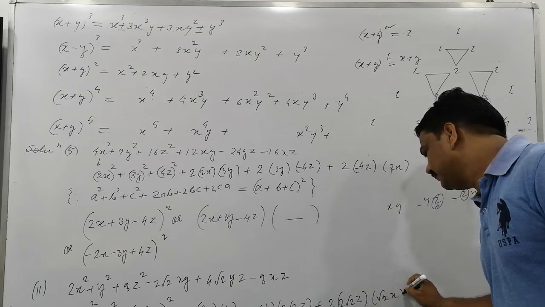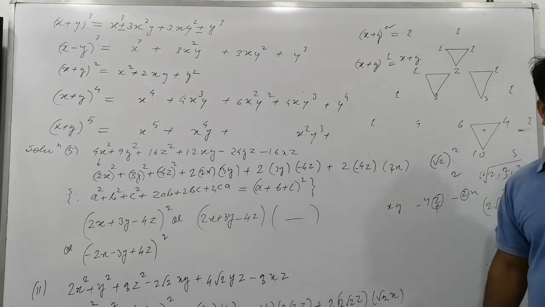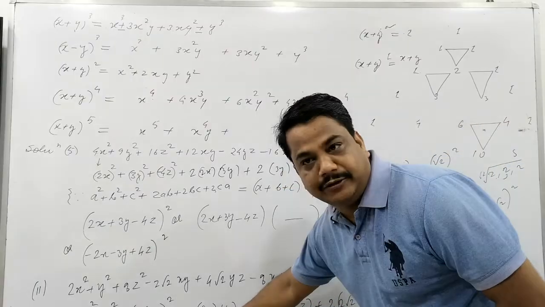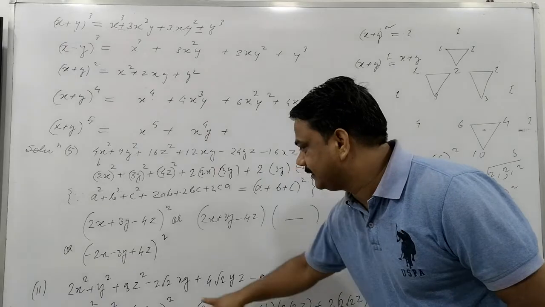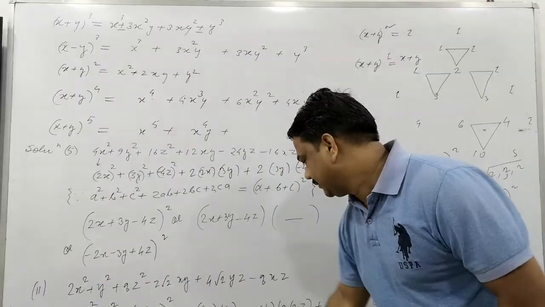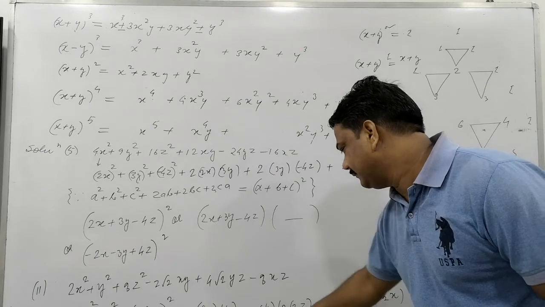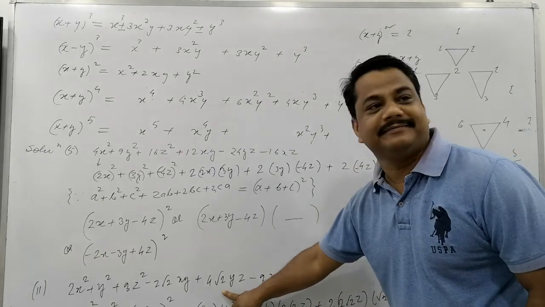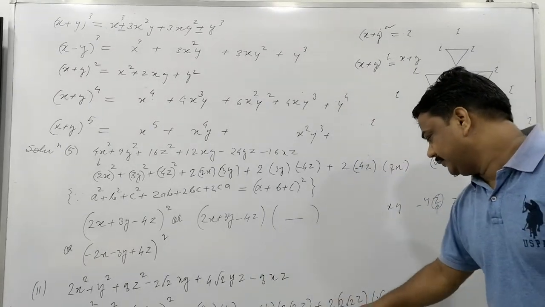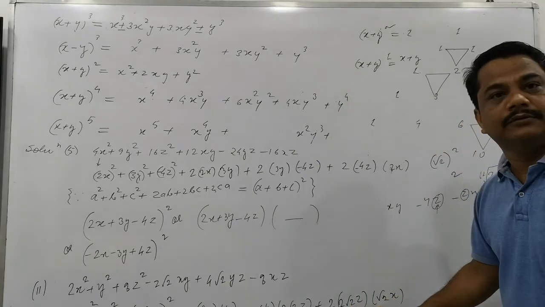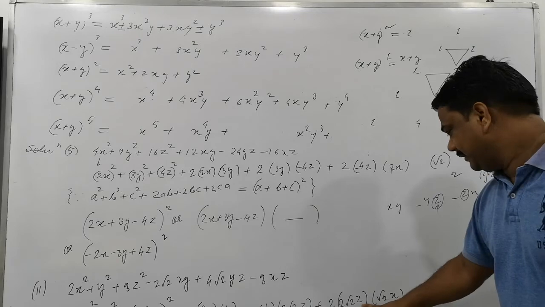Root x. Now is the match coming here? Root x squared. 2 root 2 xy is coming. 2 twos are 4, 4 root 2 yz is coming. 4 twos are 8, 8 zx.